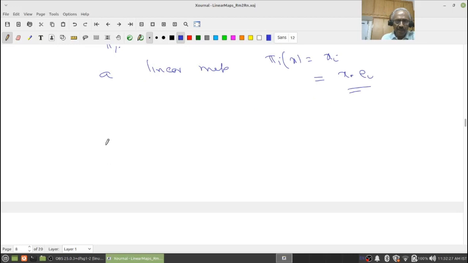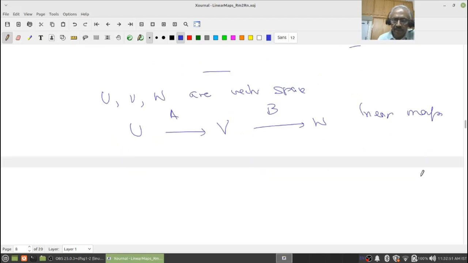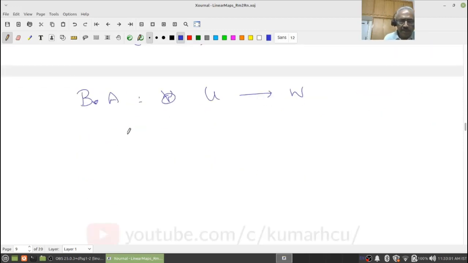Okay, now come back to our next one. This is a very general observation. Suppose U, V, W are vector spaces. Okay, and A from U to V, and B from V to W. These are linear maps. Then I have the composition B composite A. That's a map from U to W. So how is it given?